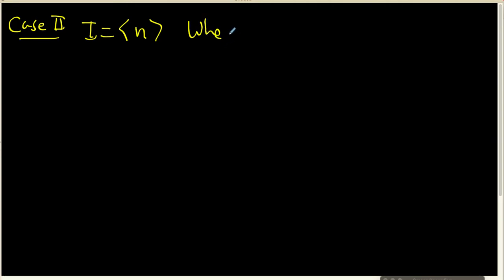So now let's look at the second kind of ideals. We're going to let I be the ideal generated by n, where I know that n is a natural number. Now the first thing I want to note is this.